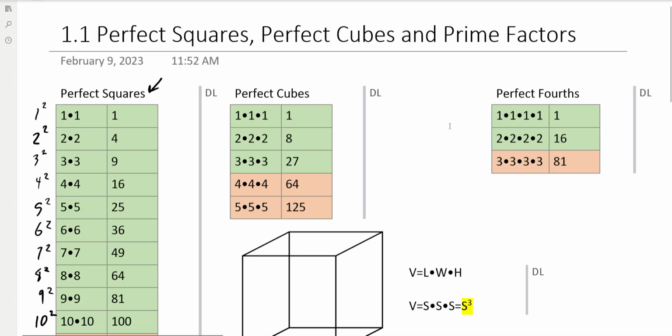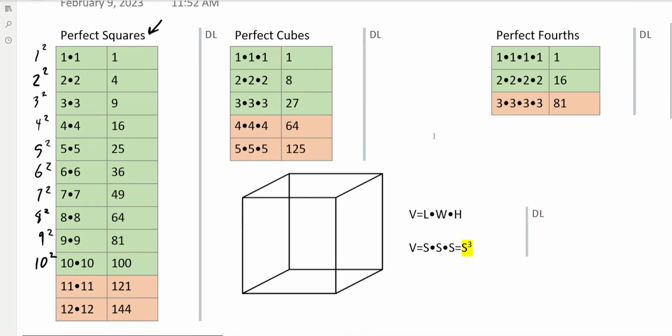All right, continuing on from perfect squares, we can also talk about perfect cubes. Perfect cubes are the same thing, except a cube is now a 3-dimensional object, and so therefore we talk about volume, and we talk about length times width times height. So a perfect cube is the volume of a cube with whole number sides.